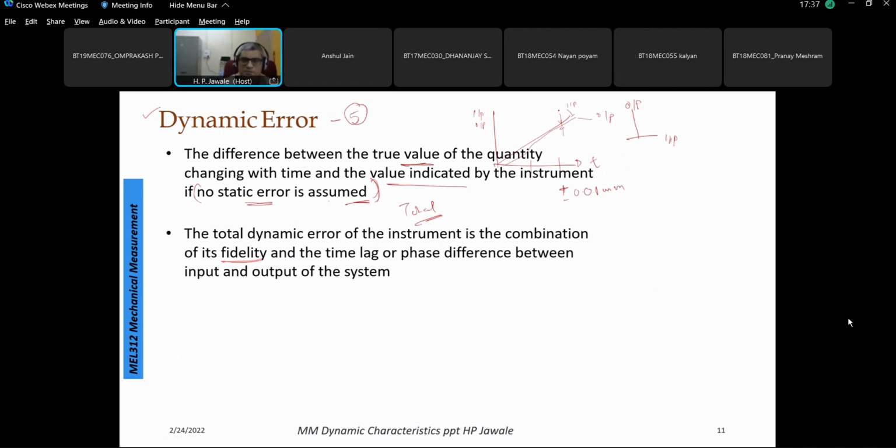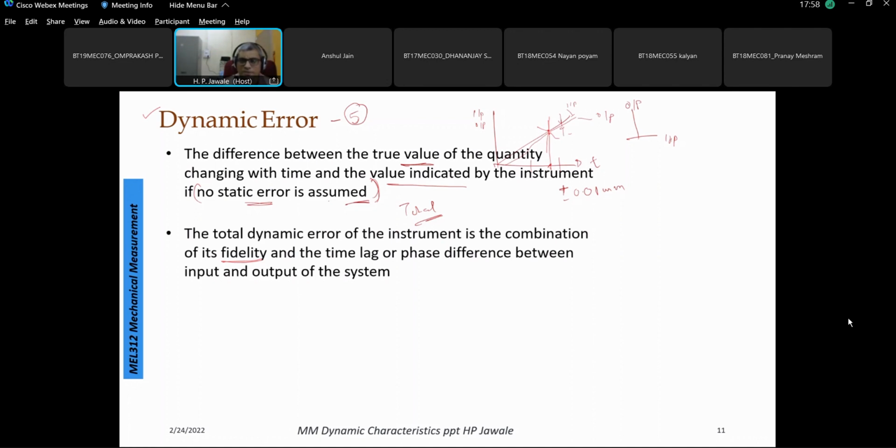So as per this, coming to the graph, now this fidelity indicates how faithfully the input signal is represented. Say for example here, at this particular input, the ideal input given to the measurement system is here, and this is what is represented as output.